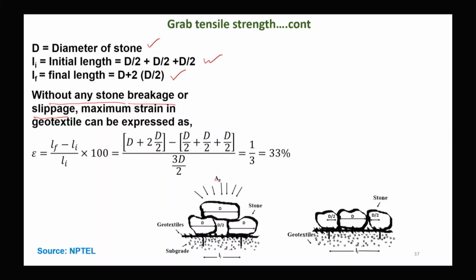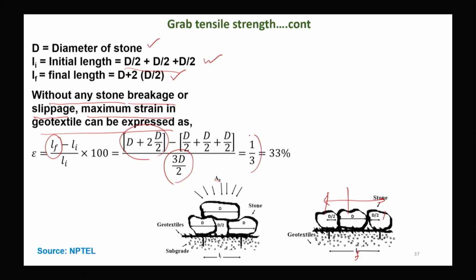So normally there is a slippage, but we are assuming there is no slippage. The maximum strain in the geotextile can be expressed as (Lf minus Li) by Lf. So Lf final length is d plus d by 2 plus d by 2, so this will be d plus 2 multiplied with d by 2, minus the initial length, which was d, divided by the initial length.